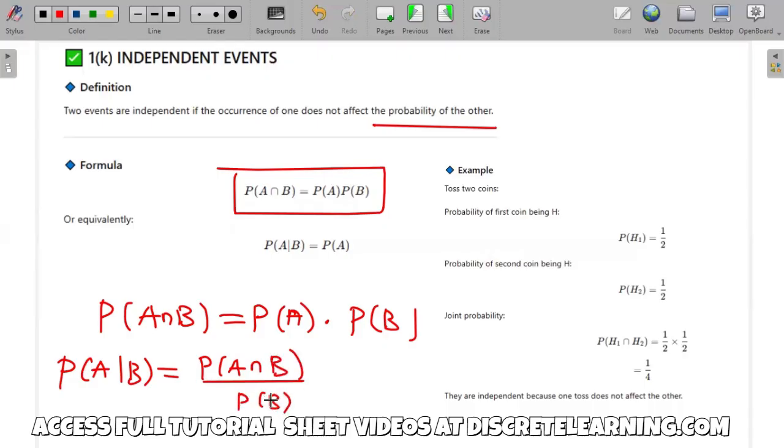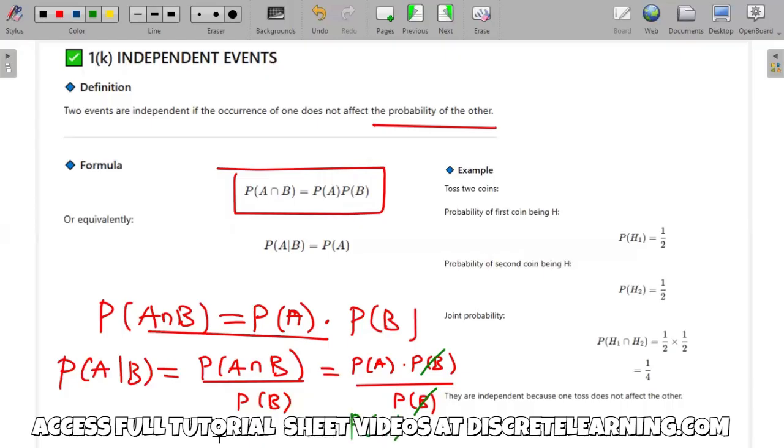B. This is what we said. Now if we are considering two events that are independent, this top part just becomes the probability of A multiplied by the probability of B, by the definition of independence. Then I'm dividing by the probability of what? B. So you see here that the probability of B and B are going to cancel. So I'm just going to remain with the probability of what?